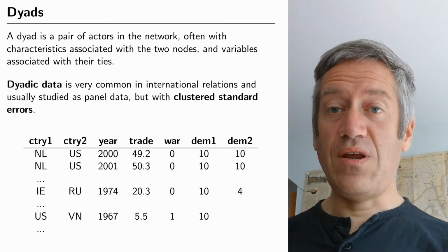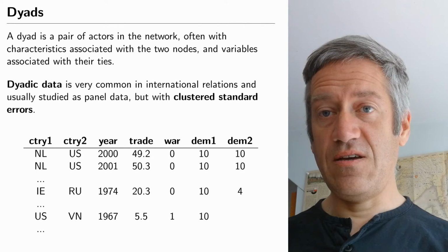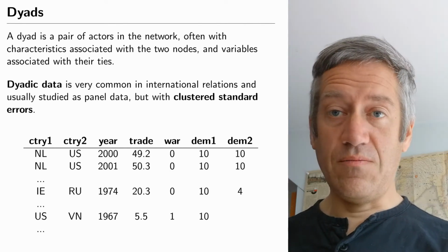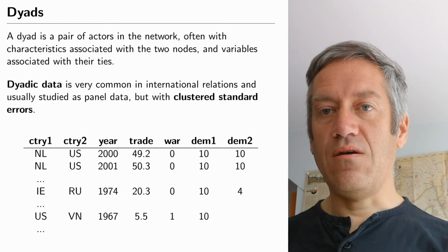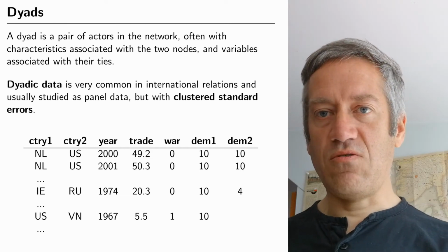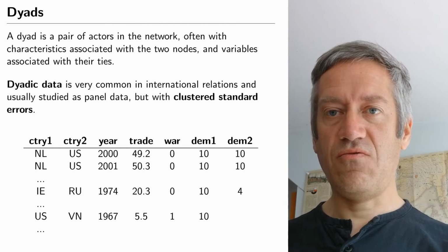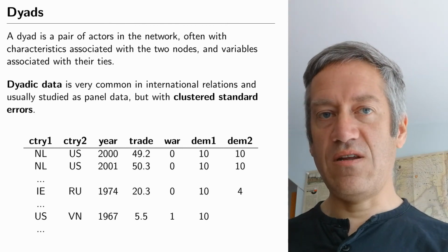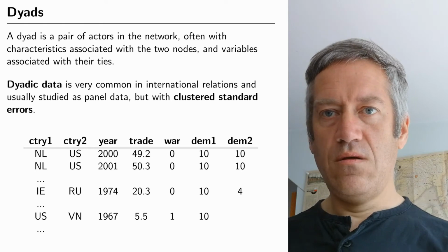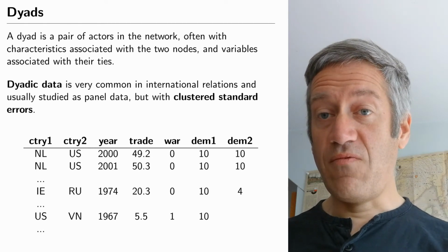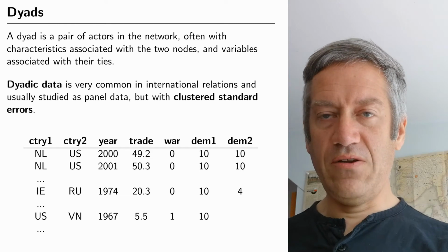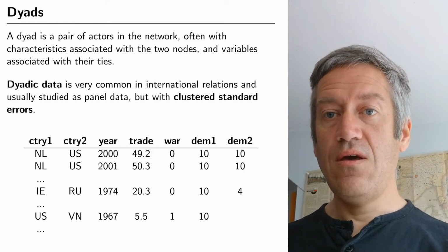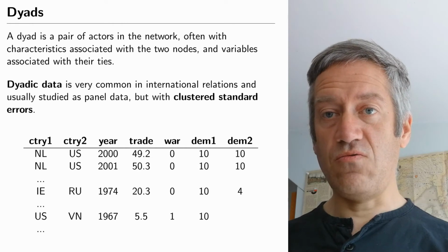Each row would have a particular dyad, probably in a particular year, and then information on the pair: the amount of trade between them, whether they are members of the same international organization, whether they're neighbors or not, and so forth. And then maybe also data on each of the units, whether they are democracies or not. Here we often apply relatively normal panel data models, except that we assume there is clustering in the standard errors based on each of the two countries.